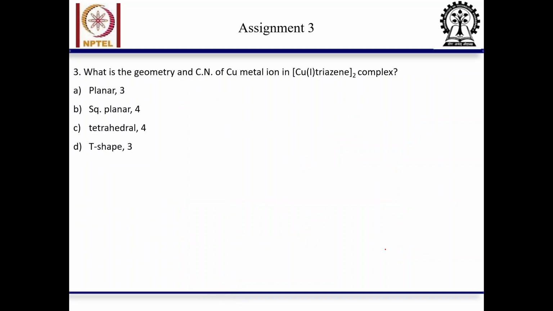Now the question is: what is the geometry and coordination number for the metal ion in the copper 1 triazine 2 complexes? Option A is planar and 3, option B is square planar 4, option C is tetrahedral and 4, option D is T shape and 3.